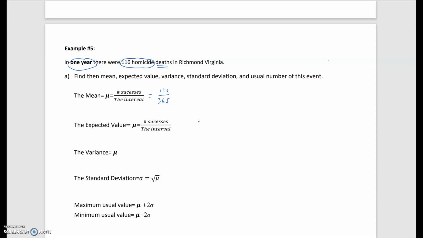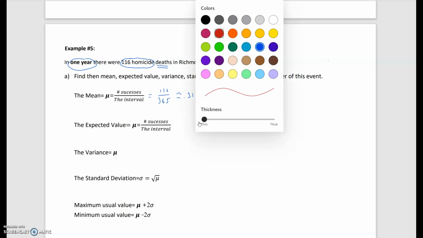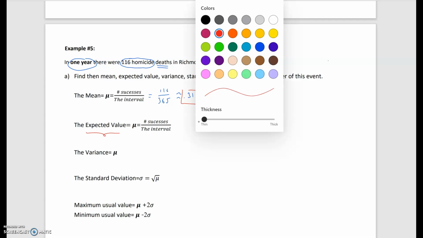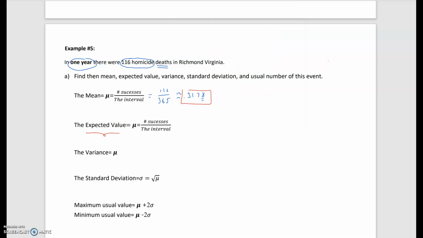I'm getting that this is approximately 0.3178, and I'm just rounding to 4 decimal places. Let me double check. 116 divided by 365, 0.3178.